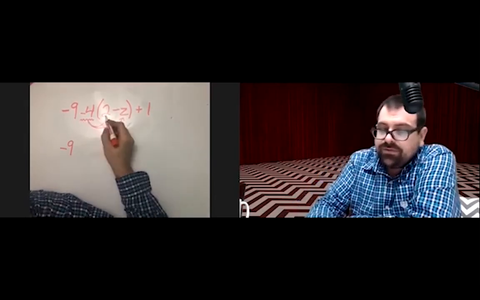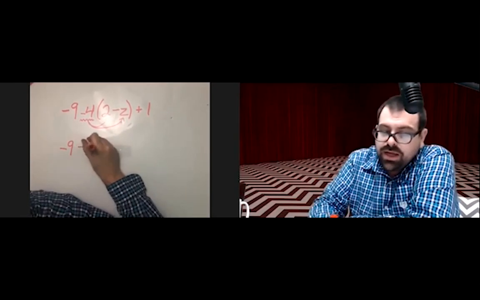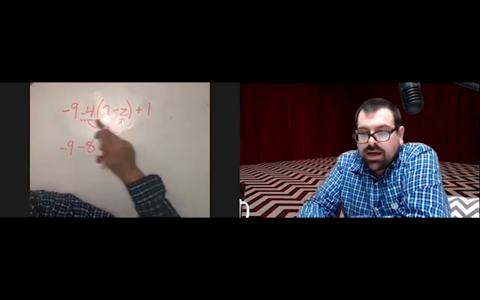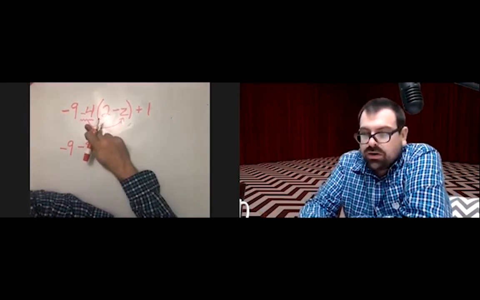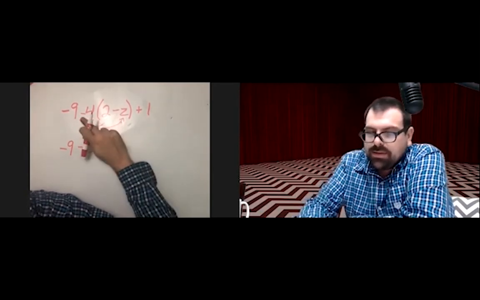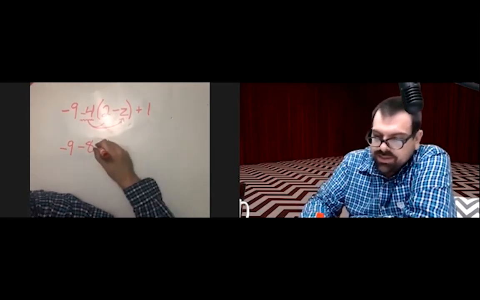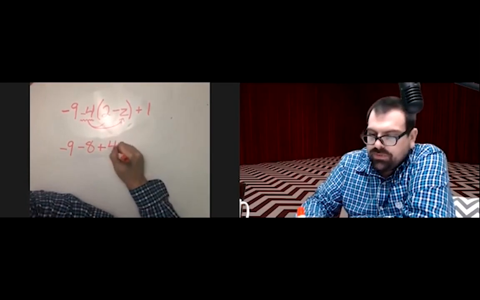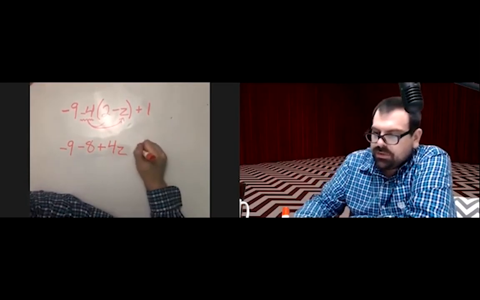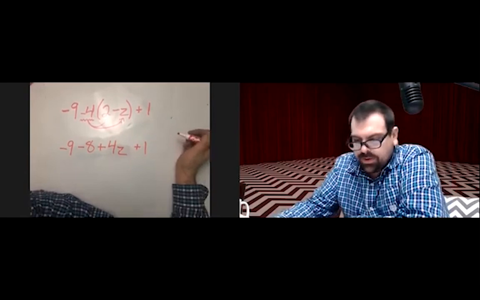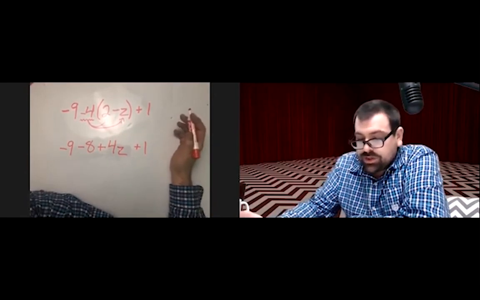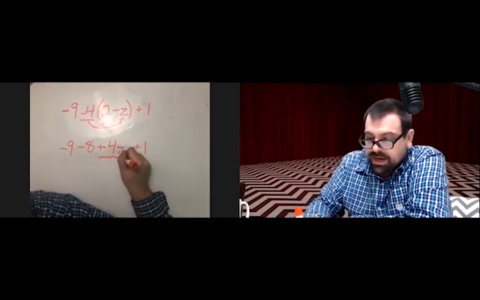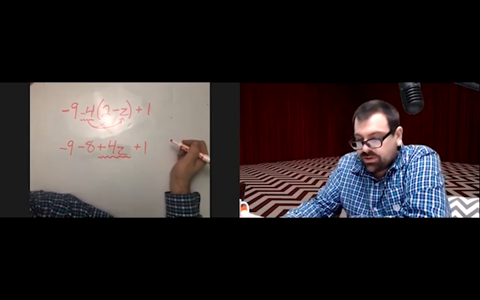Let's do that. Negative 4 times positive 2 is negative 8. Negative 4 times minus z, minus times minus is plus 4z, bring down the plus 1. Again, tradition that we put the highest powered variable first.